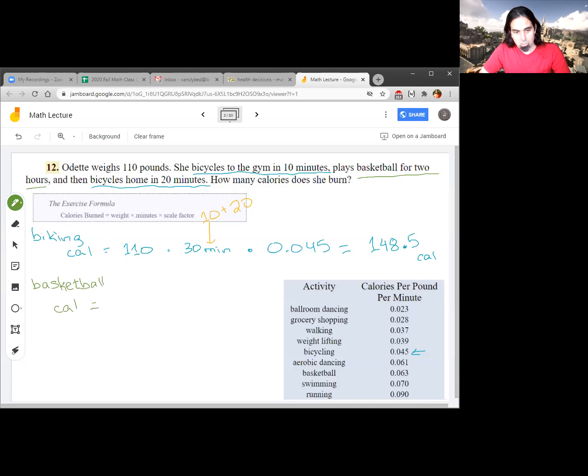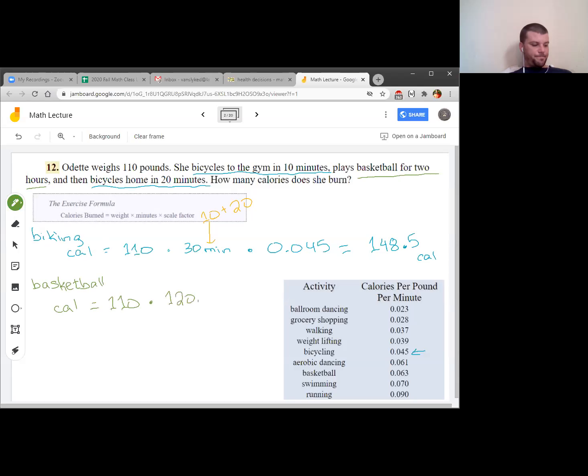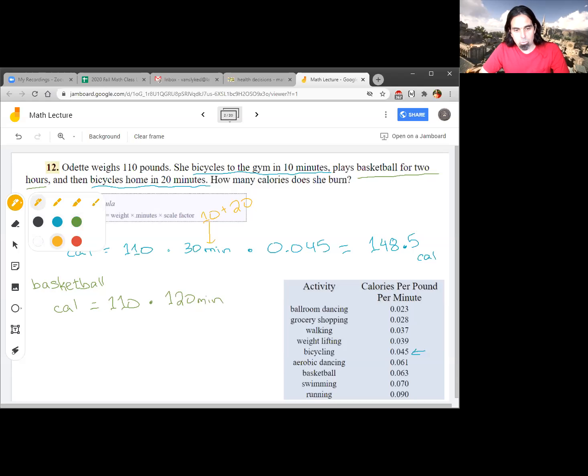She still weighs 110 pounds. What do I put for my basketball number of time? Yeah, 120. And again, because I'm lecturing, you don't have to do this, but I'm going to make a note that that's 2 hours, so we know where we got that. And the basketball number we use is 0.063.